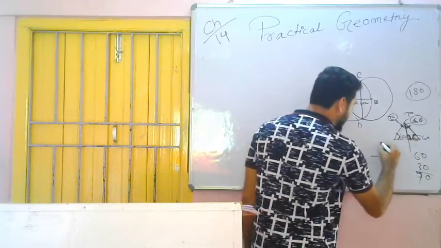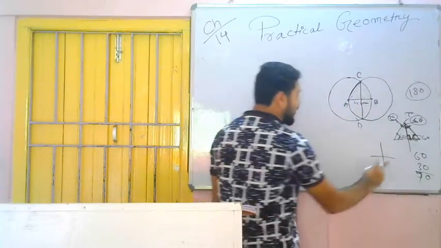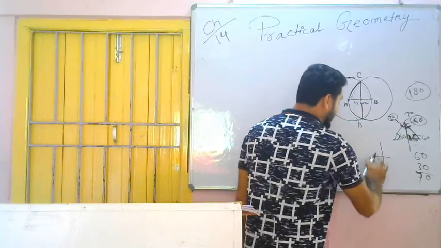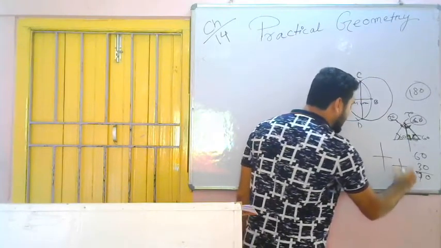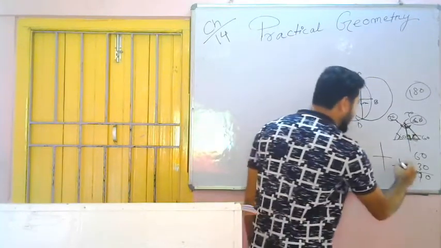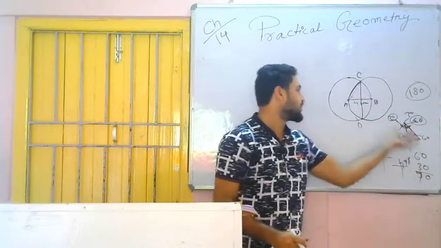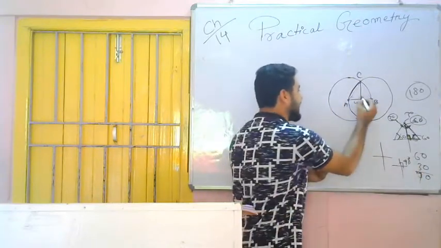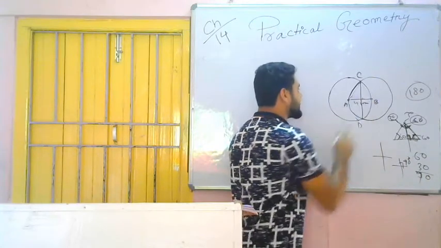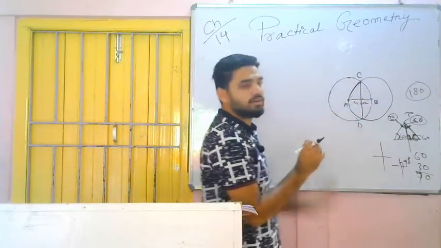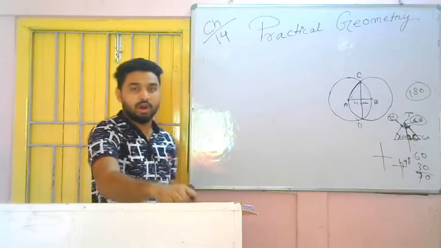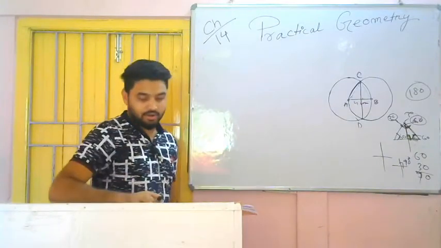That means AB is perpendicular to CD, because when a line is perpendicular to another line, it makes an angle of 90 degrees. So obviously we can say that AB is perpendicular to CD. So we have already examined.